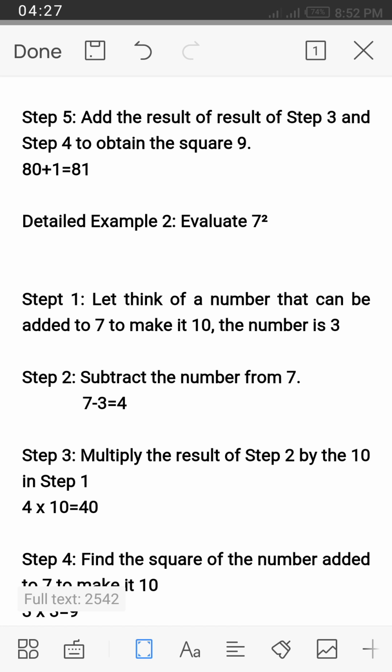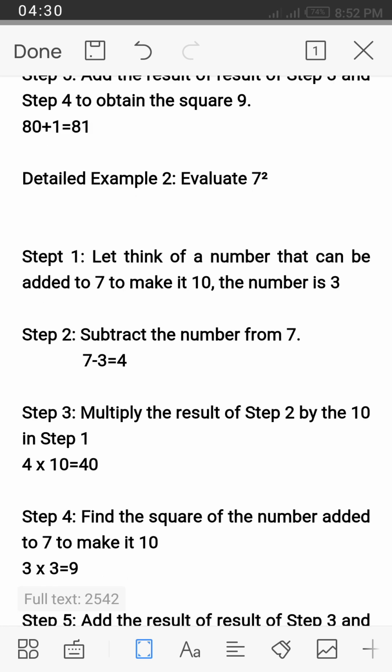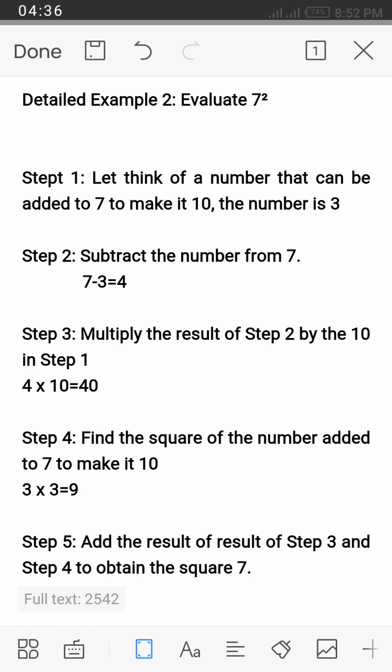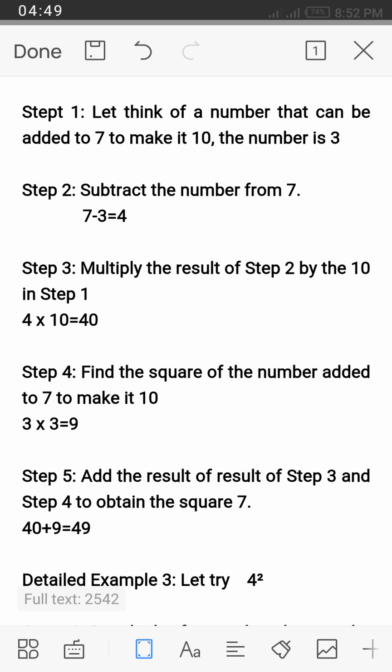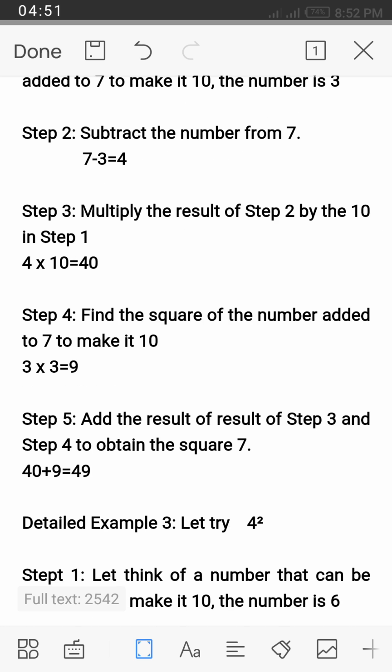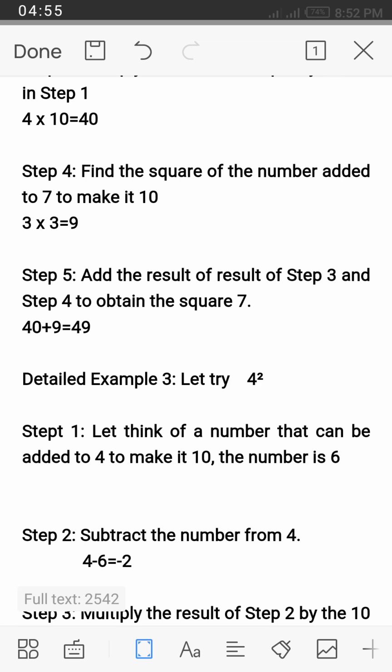Once you subtract 3 from 7, you multiply the result by 10. So 4 times 10 is 40. The next step is to square 3, which is the number you added to 7 to make it 10. Squaring 3 gives us 9. You add 40 plus 9, and before you know it, you've obtained the square of 7, which is 49.